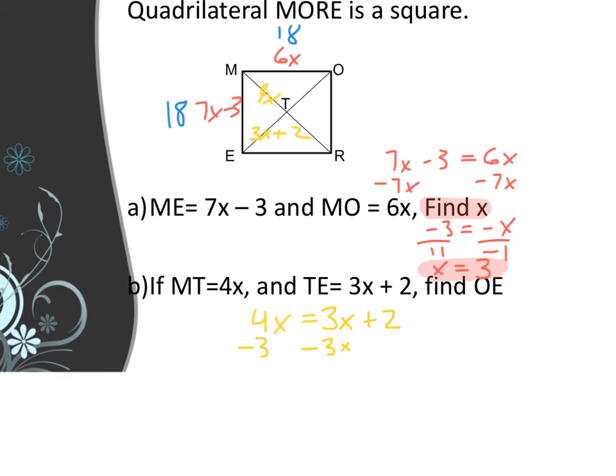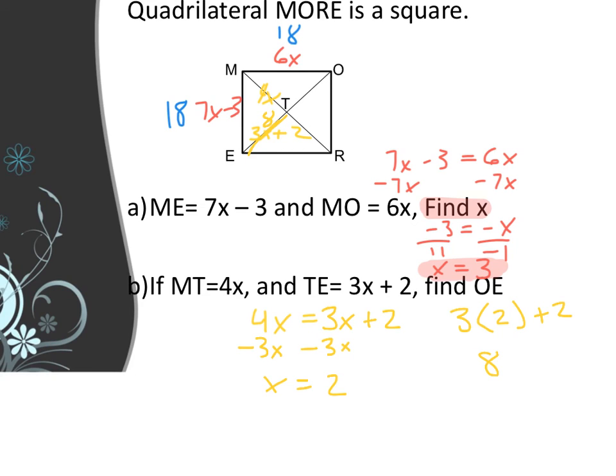We subtract 3x from both sides, so we get x is equal to 2. Then we plug it back in. It doesn't matter which one because they're all the same answer. So we plug it into 3x plus 2. So 3 times 2 plus 2 gives us 8. So this part is 8.